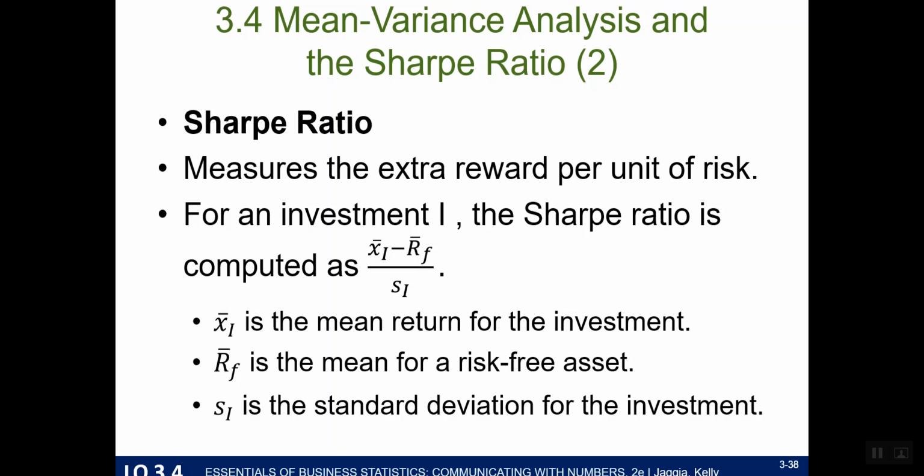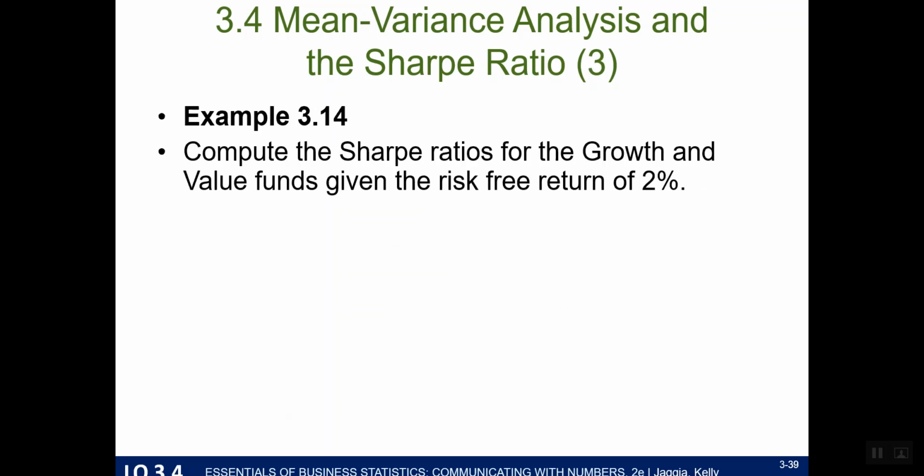So a lot of times we'll use what is the average return on the Treasury bill. And then we're dividing that by the standard deviation of the investment. So the standard deviation of the growth fund or the standard deviation of the value fund.